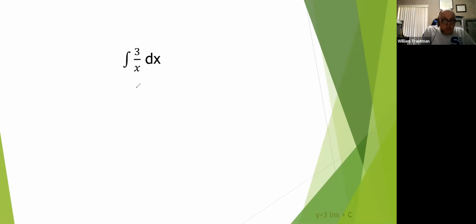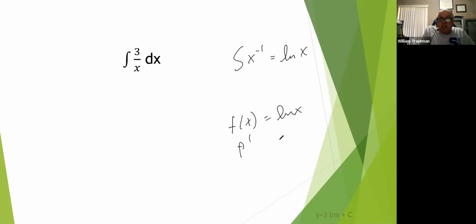The third one says this: if we integrate x to the -1, it integrates to the natural log of x, right? If you have a function with the natural log of x, the derivative of the natural log of x is 1 over x.